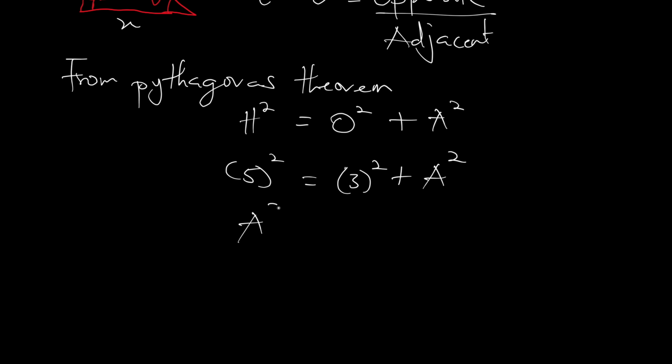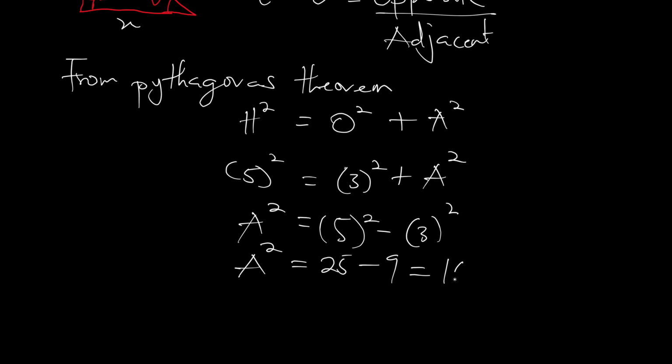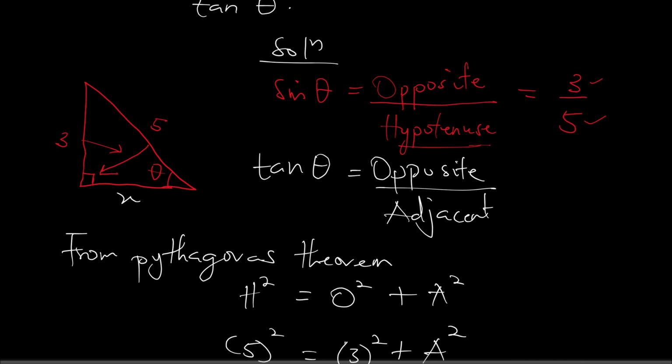So a squared will be equal to 5 squared minus 3 squared, and a squared will be equal to 25 minus 9, which is equal to 16. So our a squared is equal to 16. We take the square roots of both sides, so this cancels this. Our a will be equal to 4. So now we know our adjacent is 4.